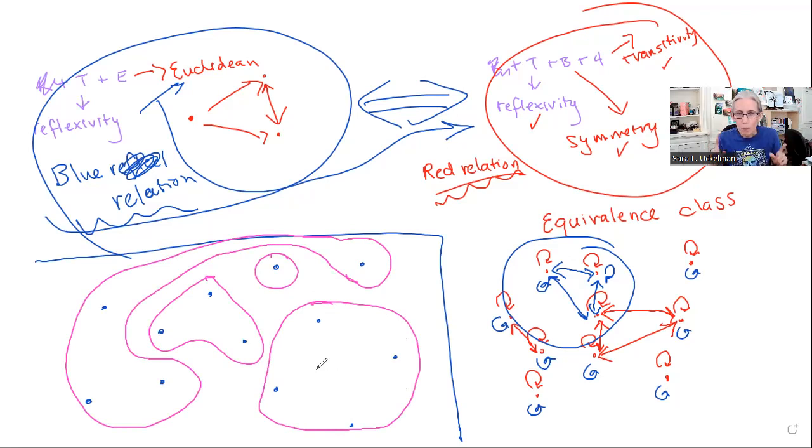This is almost the same, but not quite the same as the relation being universal. A universal relation just says everything can see everything else. Within each one of these equivalence classes, within one of these clusters, what we have is a universal relation.